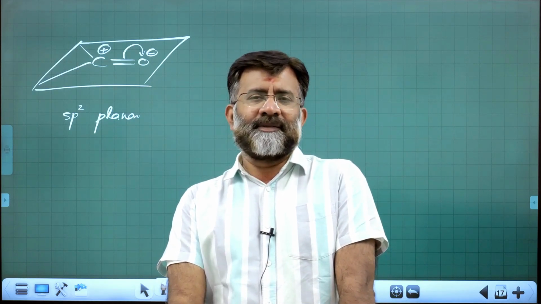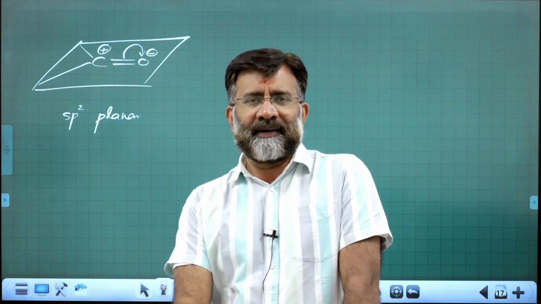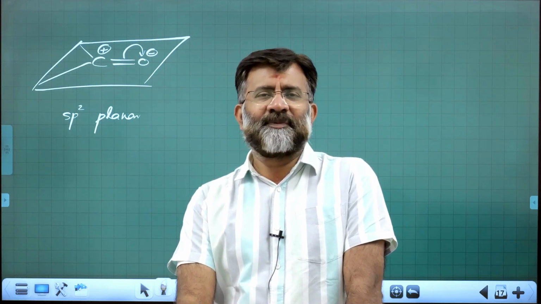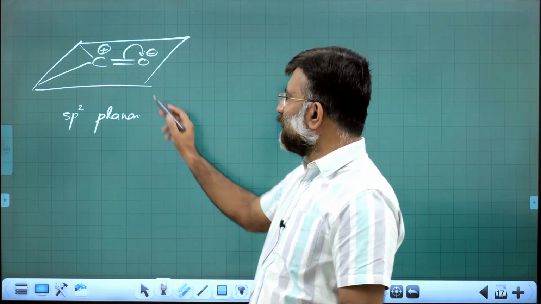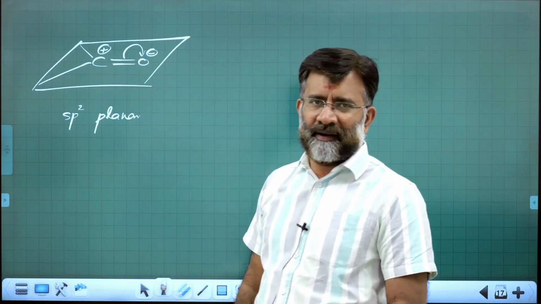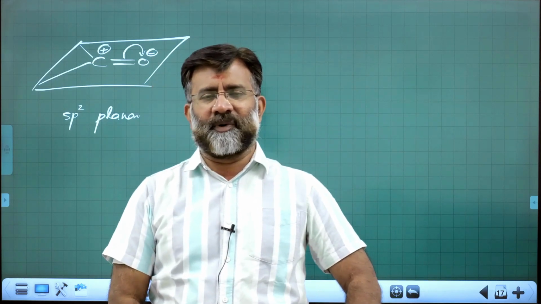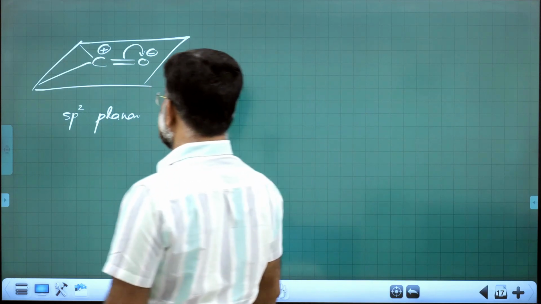O minus is the nucleophilic center. Tell me which is more reactive, C plus or O minus? Which will be attacked first? Is it the electrophilic center attacked by a nucleophile, or the nucleophilic center attacked by an electrophile? Which happens more? The answer is in the rate determining step of the reaction.